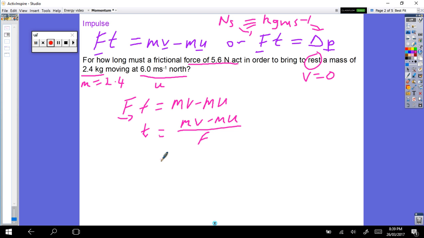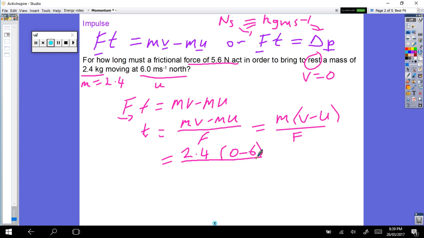Now we can take out the common factor of mass as well. So our mass is 2.4, our velocity is 0 minus 6, and our force is 5.6.